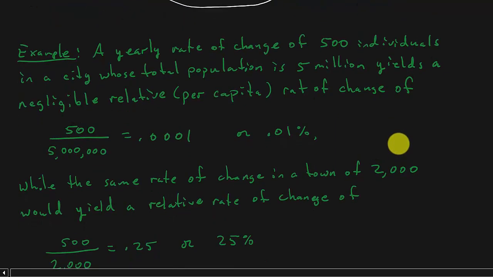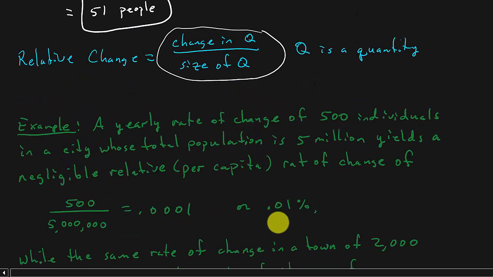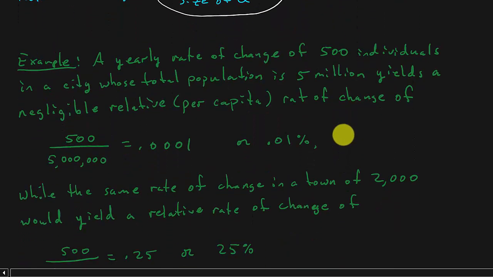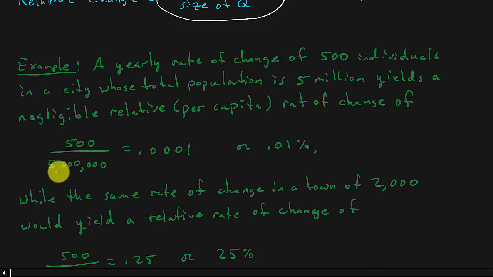So it says a yearly rate of change of 500 individuals. Okay, so we've got a yearly rate of change. There's a change of 500 people in a city. And the total population is 5 million. Okay? So if we look at the relative change, that's 500 divided by 5 million, which is 0.0001 or 0.01%.